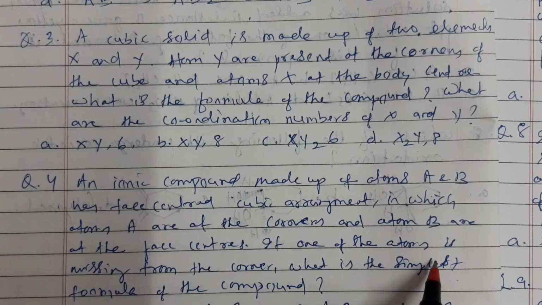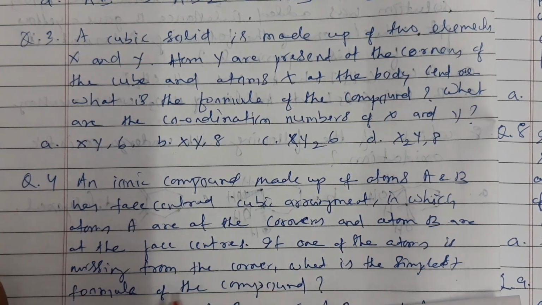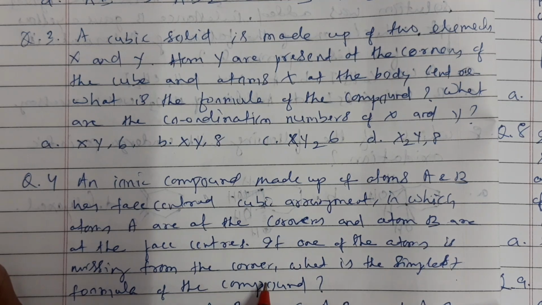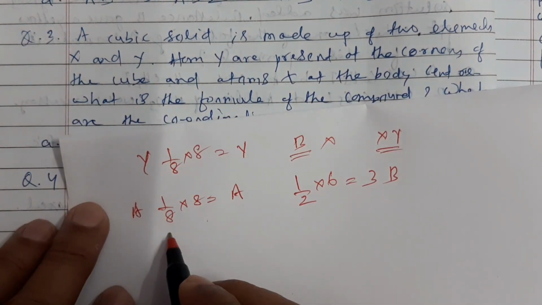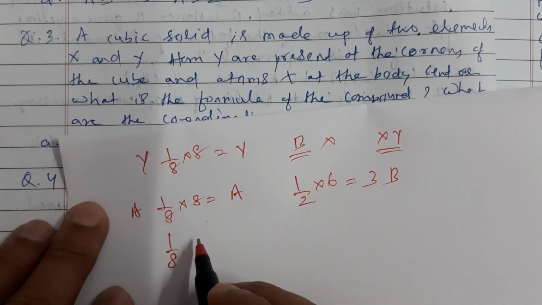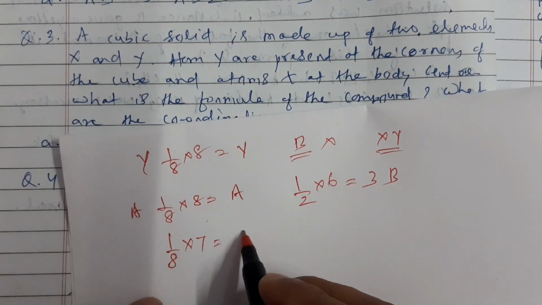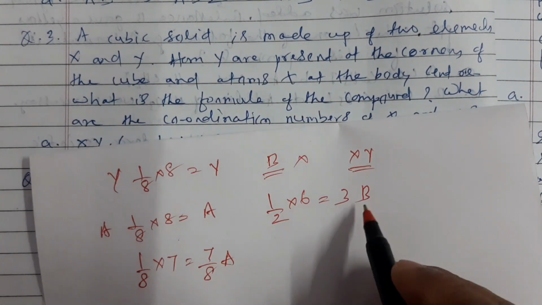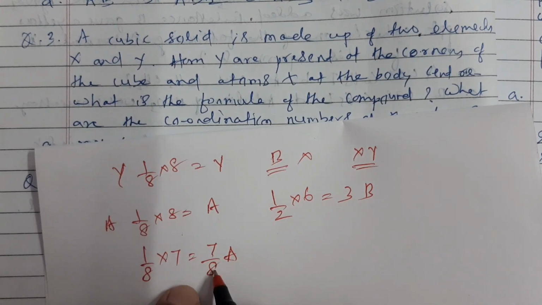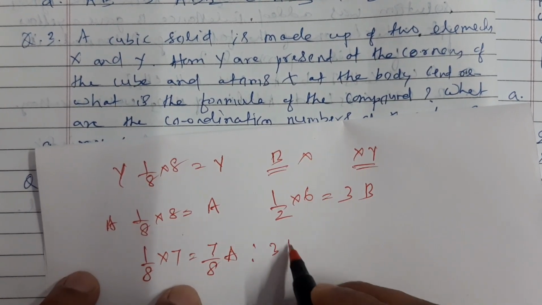If one of the atoms is missing from the corner, then 1 by 8, one corner is missing, so 7, so we will get 7 by 8 A. B is 3B, A is 7 by 8 A, so the ratio is 7 by 8 A to 3B.